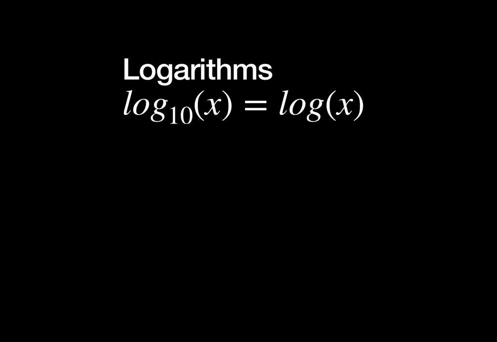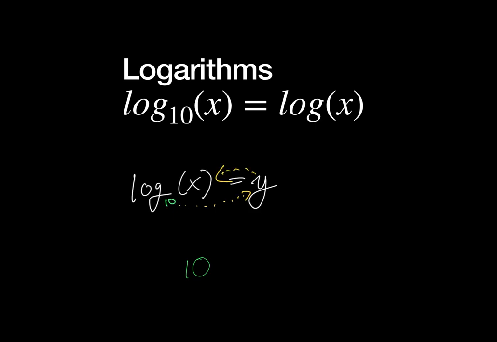If I had this, log of x equals y, and that's something you can graph. In exponential form, I would have to remember, oh wait, that's right, my base here is 10. So if my base is 10, the order is base to exponent to equals. So it'd be 10 to the y power equals x.